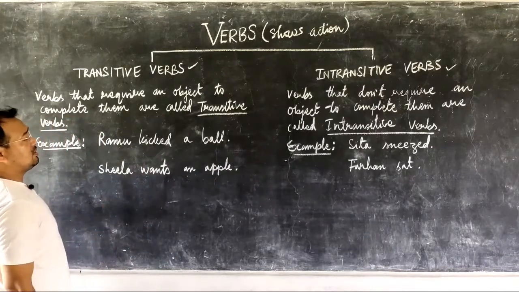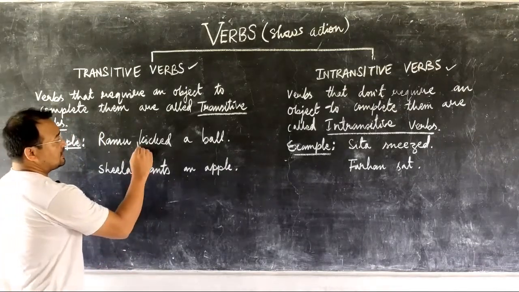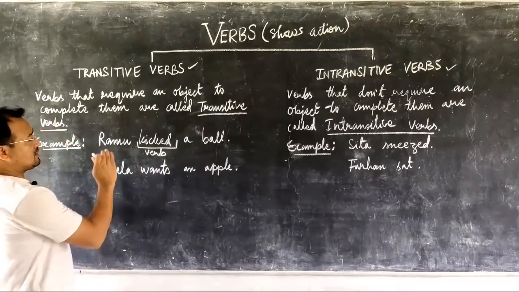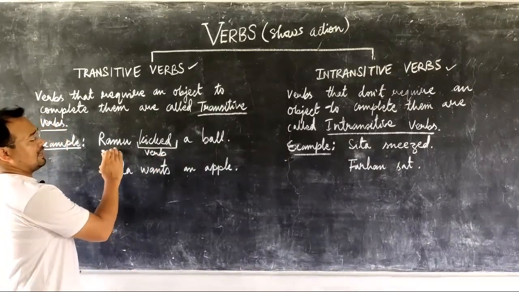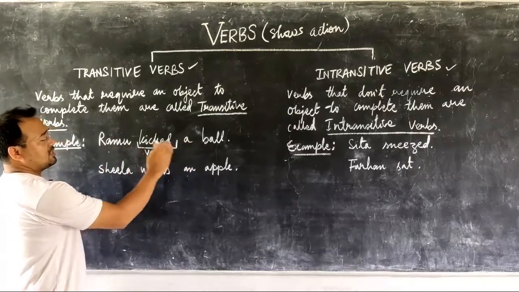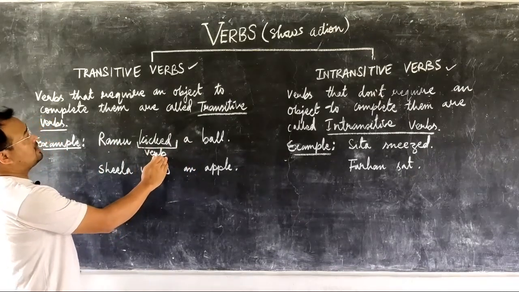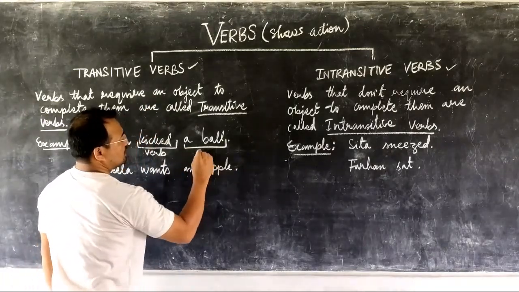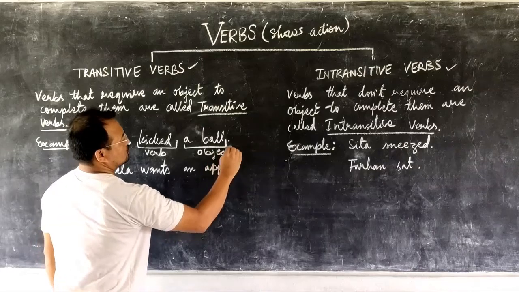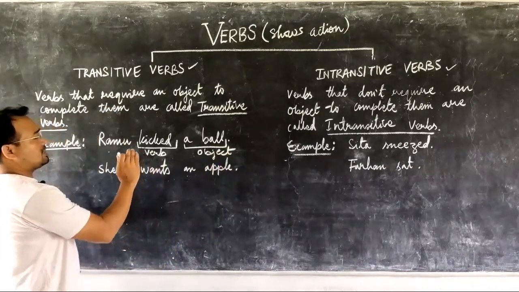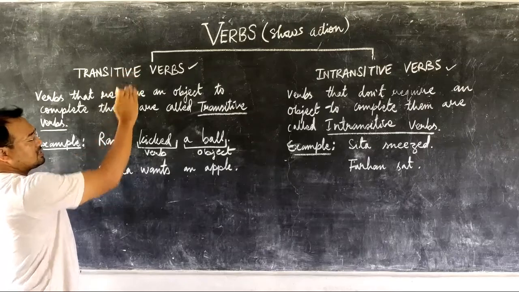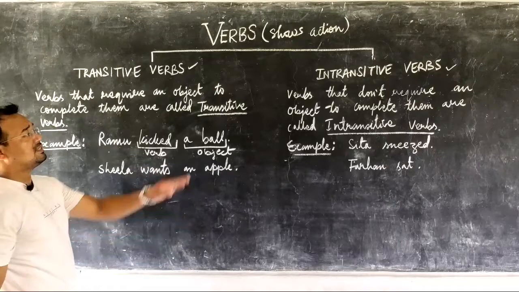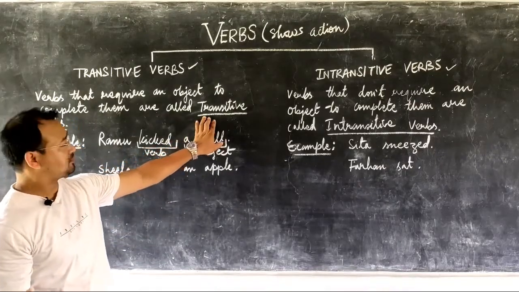Here, which one is the verb? Kicked is the verb, because Ramu is the subject and is performing an action. And which one is the object? Ball. A ball is an object. So this type of sentence, which has a verb as well as an object, is called a transitive verb. Are you clear?